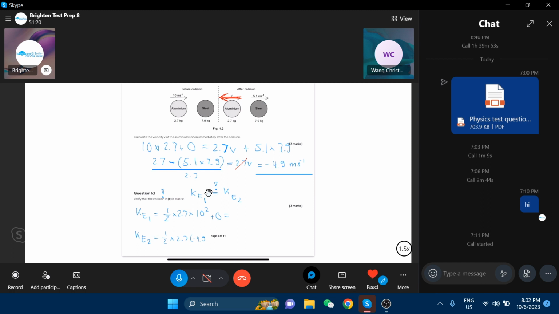Of course, for the square, it will not matter anymore. But for the sake of consistency, that the values are the same, include the minus as well. If you don't do it, you probably will not get any deduction, but it's just neater. So write it like that. Okay, then of course the 7.9. And what is the velocity? 5.1 squared.